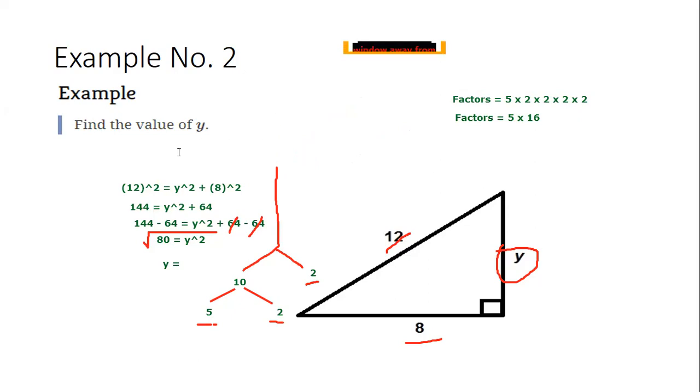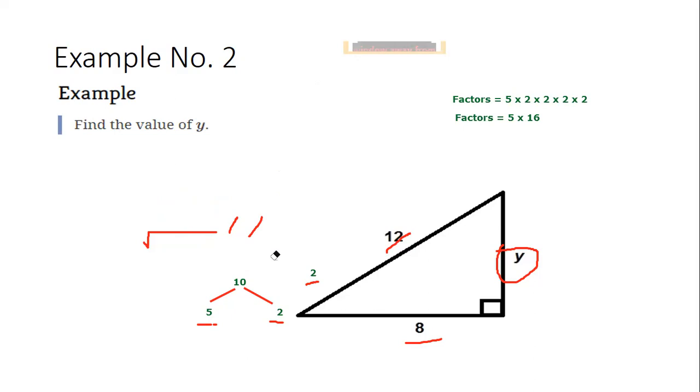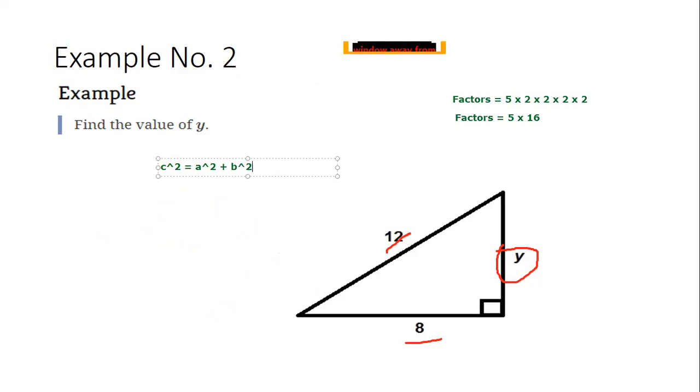I'm going to rewrite because the equation has been erased. Let's go back to our equation. c squared is equal to a squared plus b squared. So this is 12 squared, which is equal to y squared plus 8 squared.